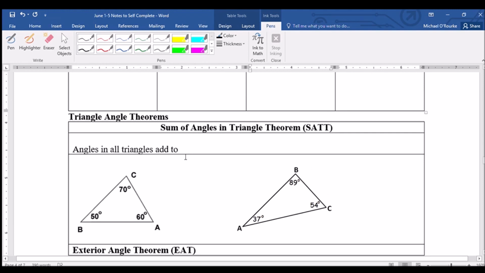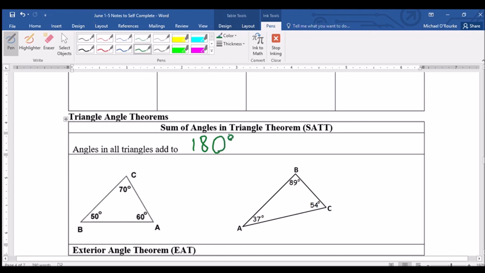So the first theorem we're working with is the triangle angle theorem, the sum of angles in a triangle theorem. So SAT says all angles in all triangles add to 180 degrees.